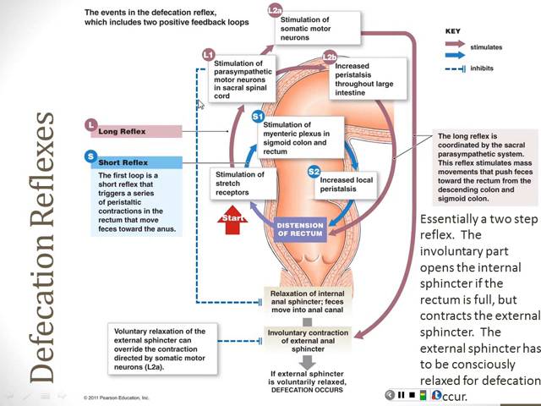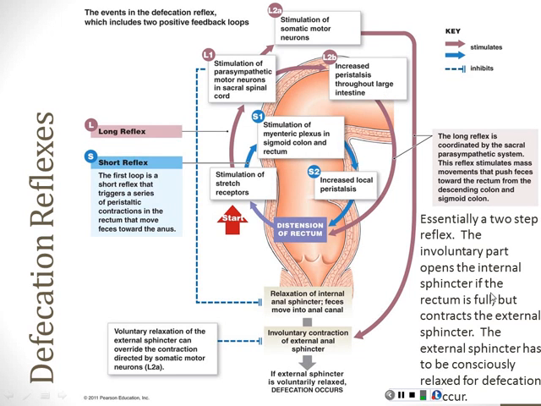The long reflex, if the brain gives the command to relax the external sphincter, then defecation occurs. If the brain does not give that command, then the system is sort of paused for a little while. And if that pause goes on for long enough, then the internal sphincter will close again, the rectum will relax, the sigmoid colon will relax. It's like a snooze button.